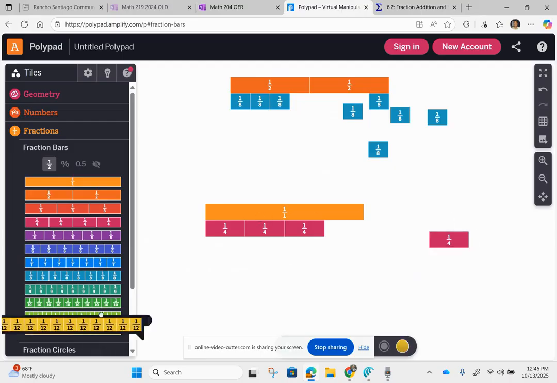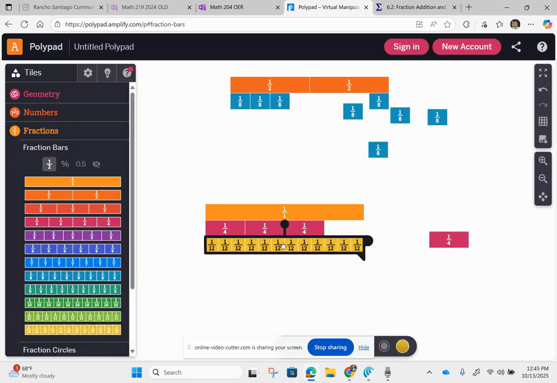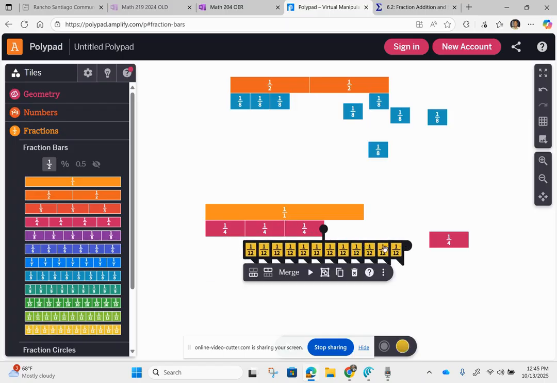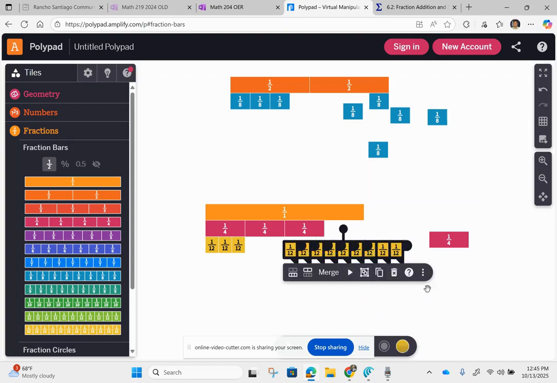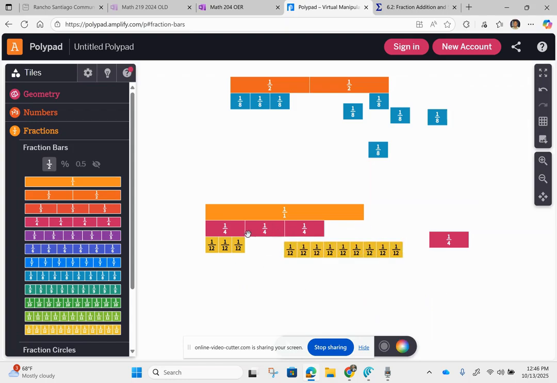So we need to cut this into, let's break that up. So if we put those pieces there, there's your 3/4. She ran 1/3 of this.